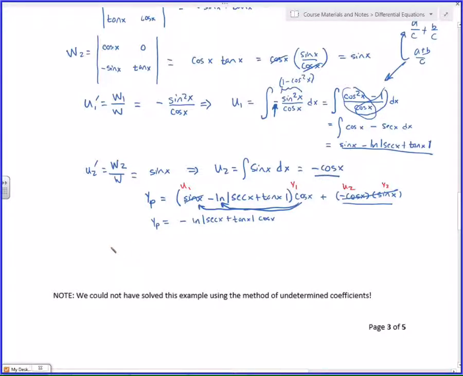So then what's the general solution? What's the final y? Oh, C1 cosine of x plus C2 sine of x minus natural log of secant x plus tangent x times cosine x. There it is.